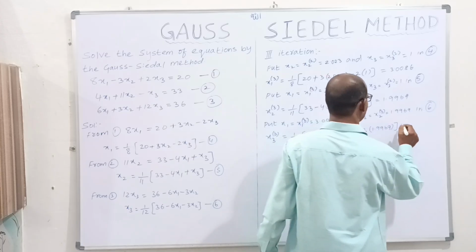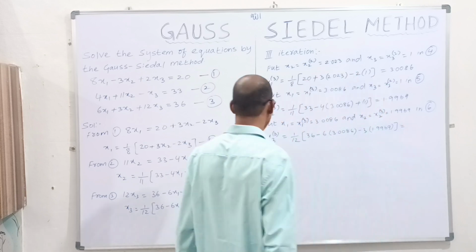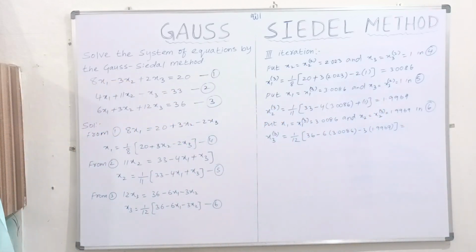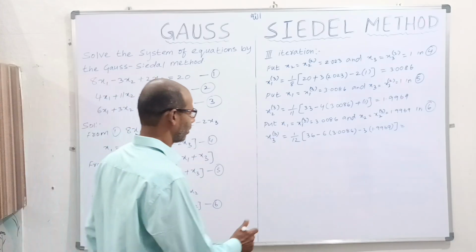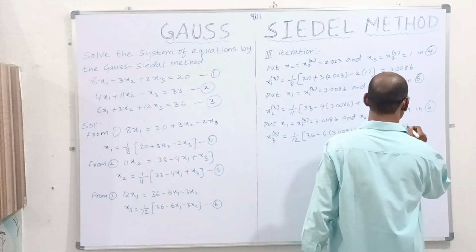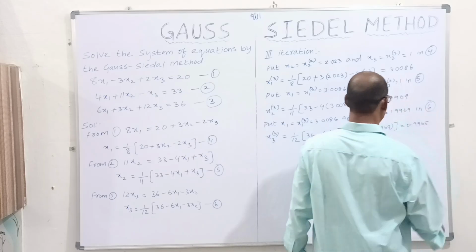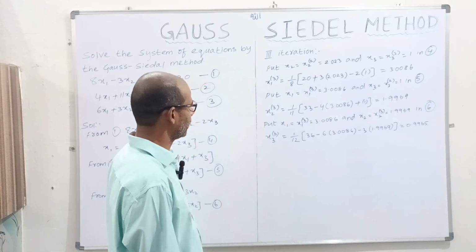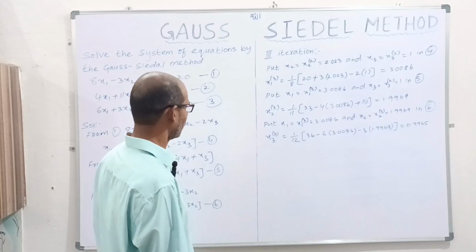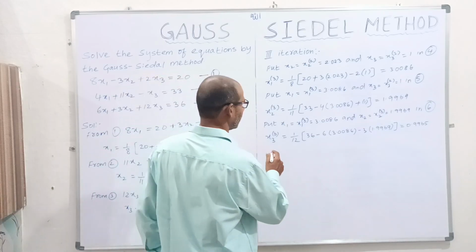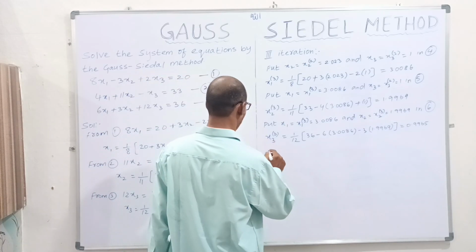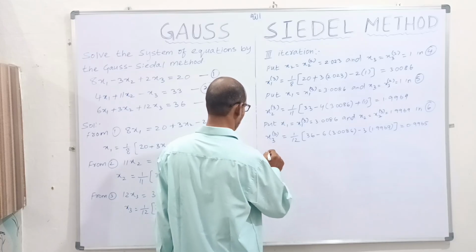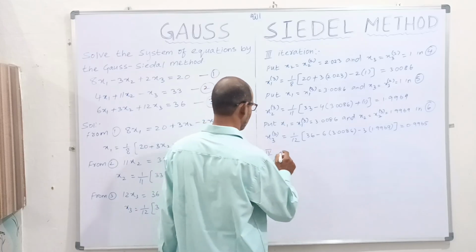Bracket close. On simplifying this one, we will get the value of x3 as 0.9965. So these are the values from the third iteration, right? Now let us go for the next iteration, the fourth iteration.